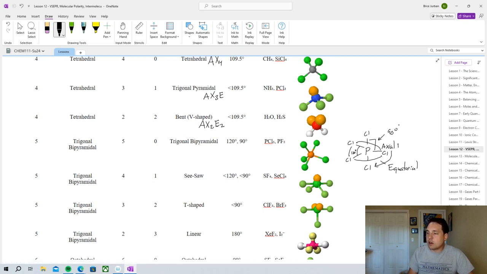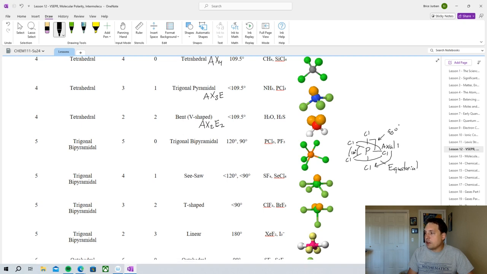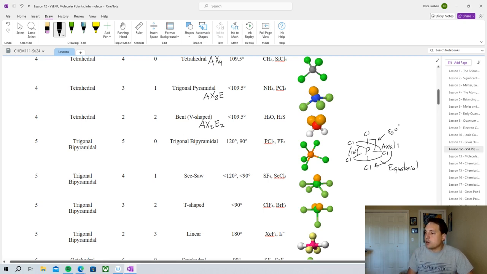And the next thing that will occur if we were to remove one of these atoms is that we can either remove an atom from the equatorial side or the axial side. And it always gets removed from the equatorial position first.